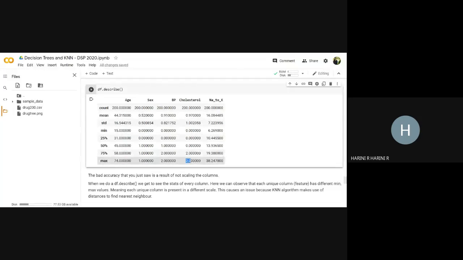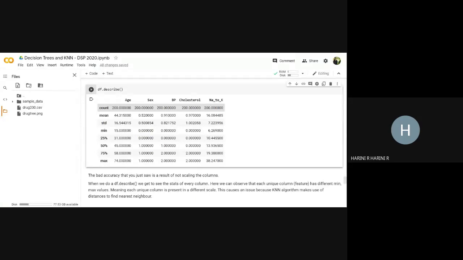So like I said before, we use distance measures in the k nearest neighbors algorithm to find which other points are near. Because the range of the age column is very much more than what is there for the other columns, even a small difference in age between two data points is going to heavily dictate the distance.